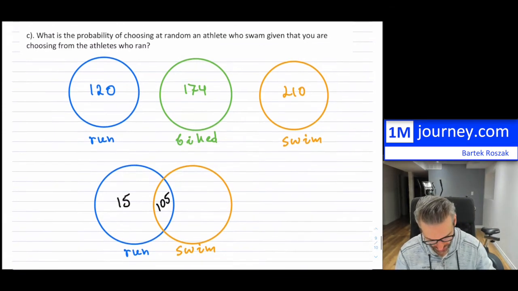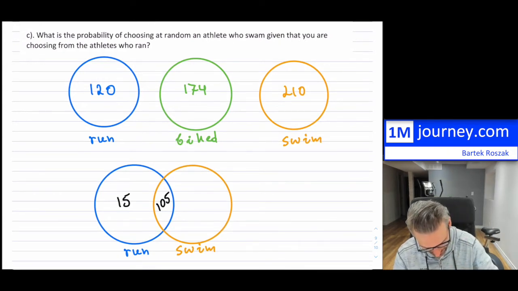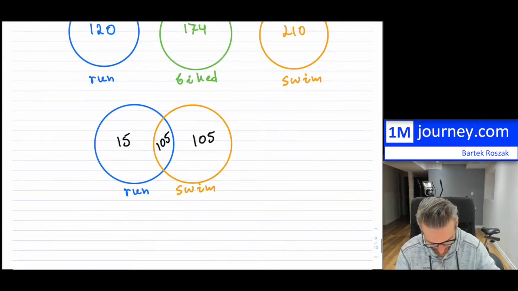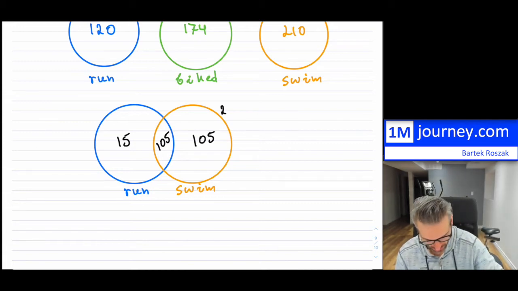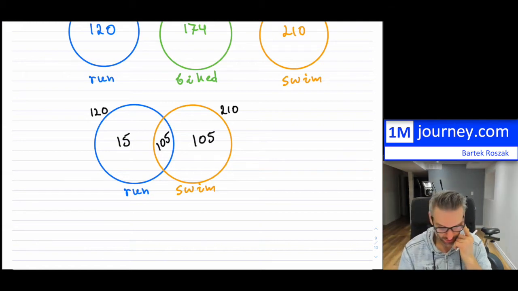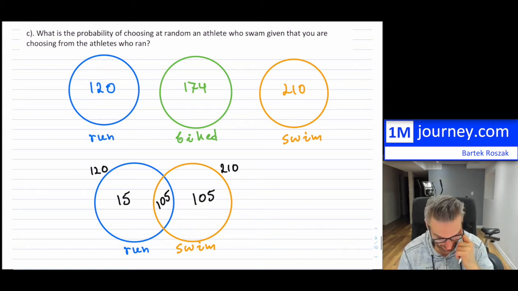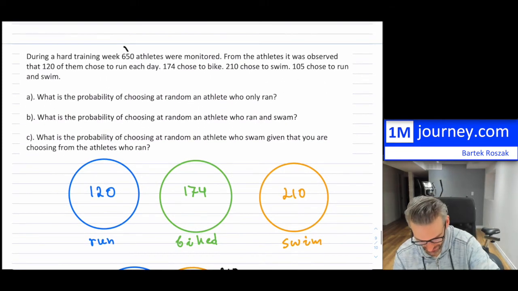From the swimmers, if 105, that means I had another 105 that only swam. You can notice 105 plus 105 is 210. So I'm going to have 210 here, and then 120 of these runners. Okay, so that's what I have. Now my total is 650 of these athletes.